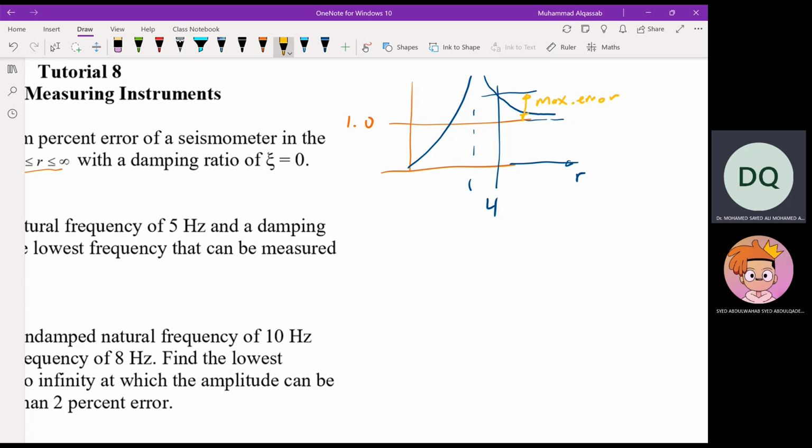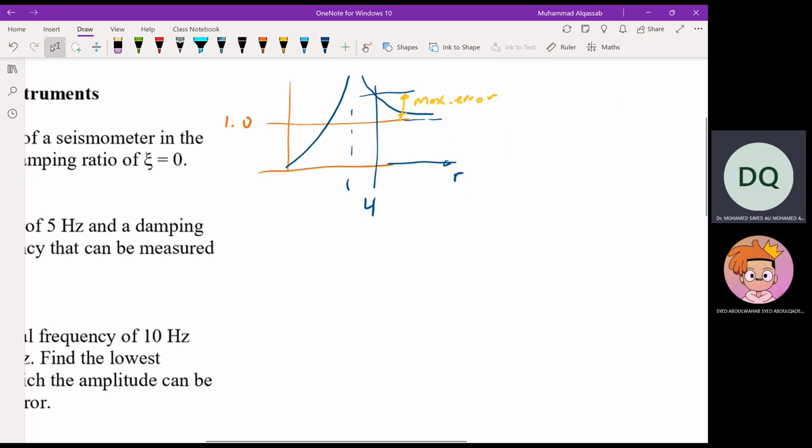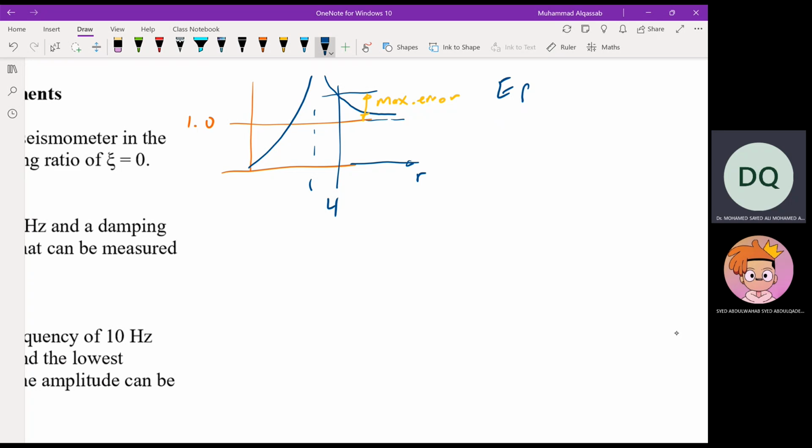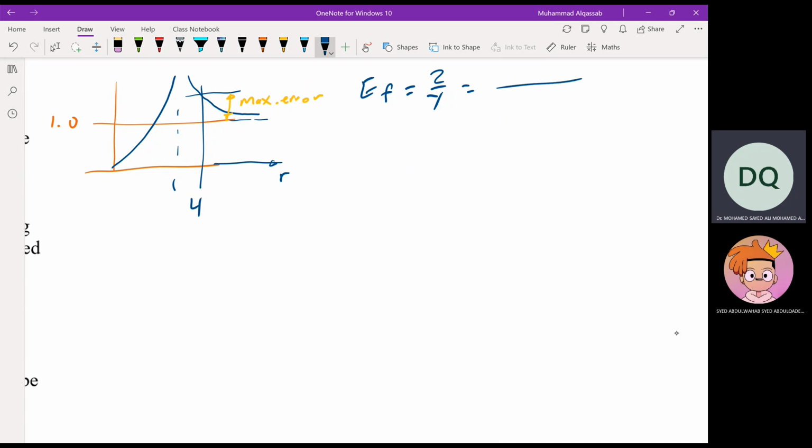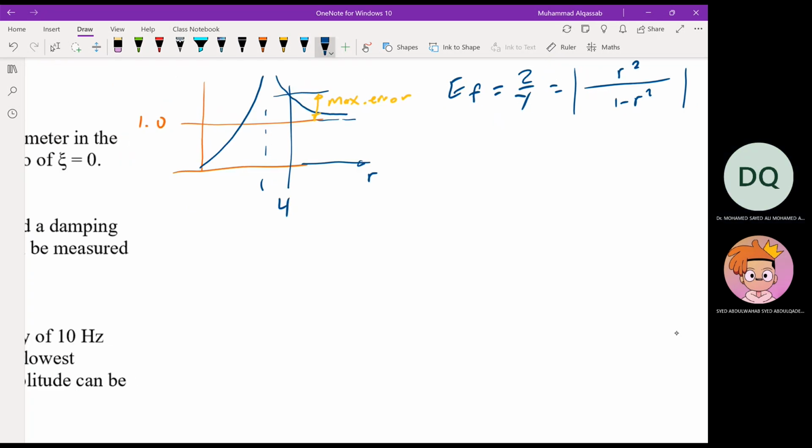Okay, so we can use the error factor equation, which is EF equal to Z over Y for an undamped system. This is R squared divided by 1 minus R squared. Okay, I will take the absolute value. For zeta equal to 0, the graph is given as the absolute.